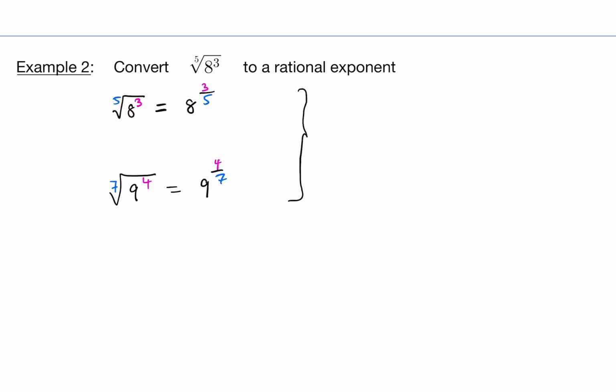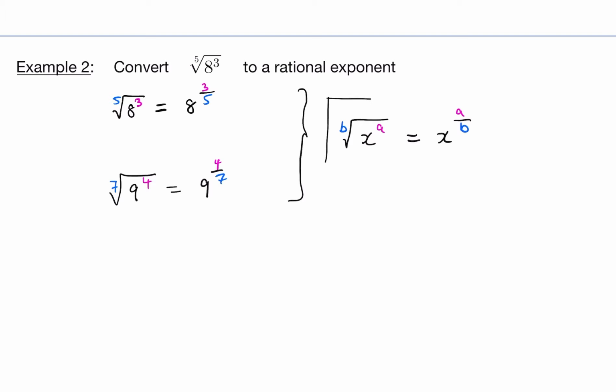If we have the b root of x to the a power, that is equal to x to the a divided by b power. Okay?